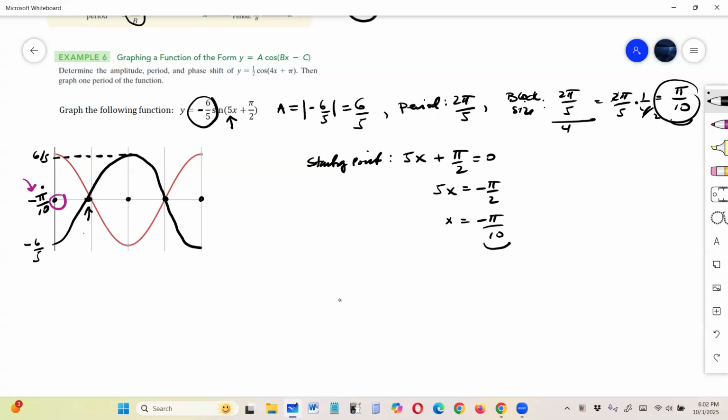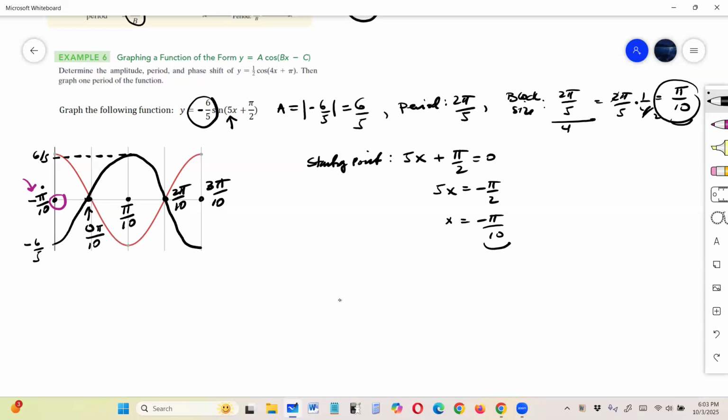The next point is pi over 10 plus the negative pi over 10. So this is 0. The next point is pi over 10 away. The next point is pi over 10 away. And the next point is pi over 10 away. Okay, so negative pi over 10, 0, pi over 10, 2 pi over 10, 3 pi over 10. If you want, you could do 0 pi over 10, but it's unnecessary. You can just write 0.